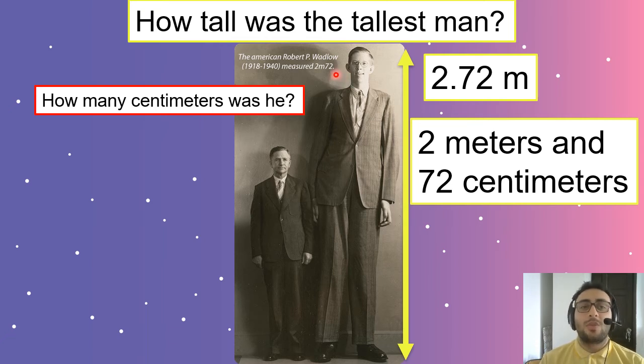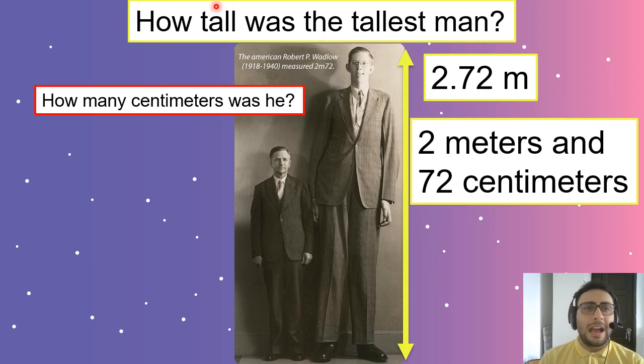Oh, guys, I have a little story for you. This is Robert Wadlow. He was from the US. He was American. He lived almost 100 years ago. He was born 103 years ago. He is the tallest man in the whole world.